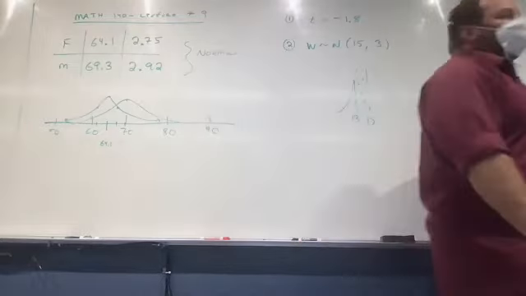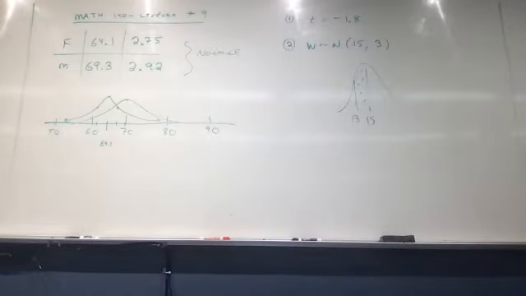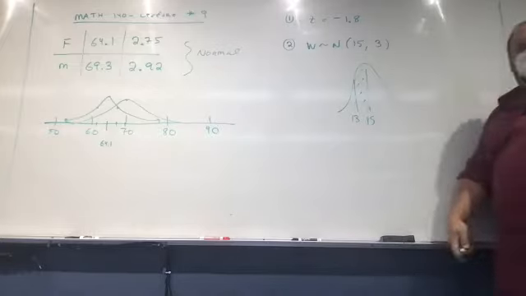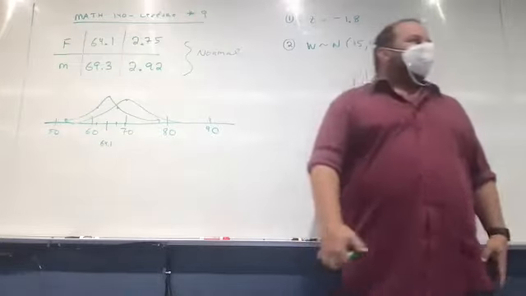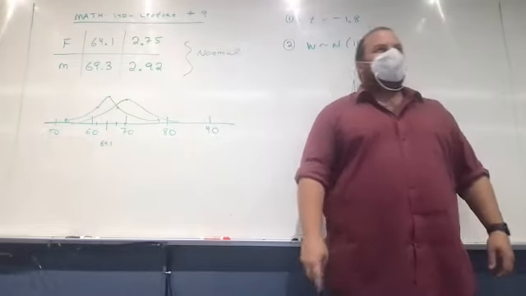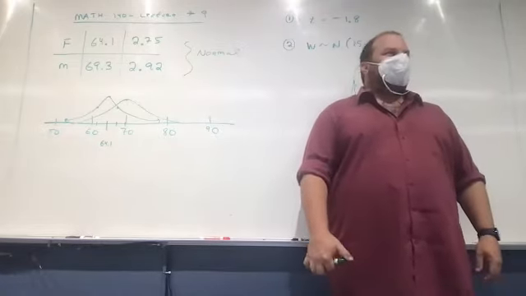Everyone find your personal percentile. What's the variable? Height. It's the same data that we used in the example. Find your percentile. And then look around the room and ask yourself, who do you think here would be the highest percentile?